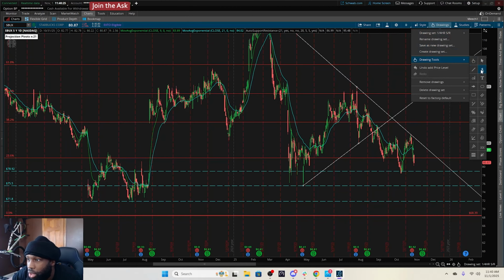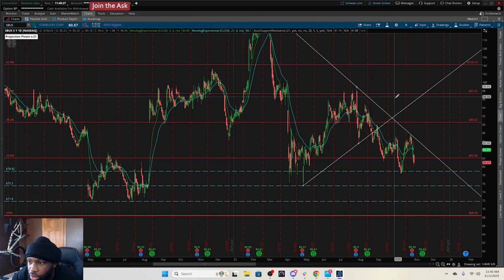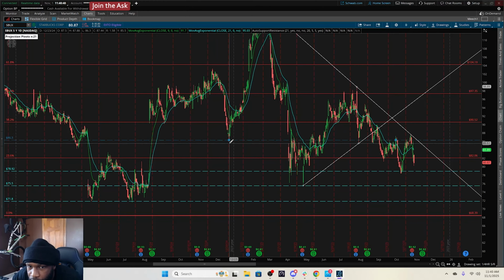Now in this area, I like this support as a resistance.